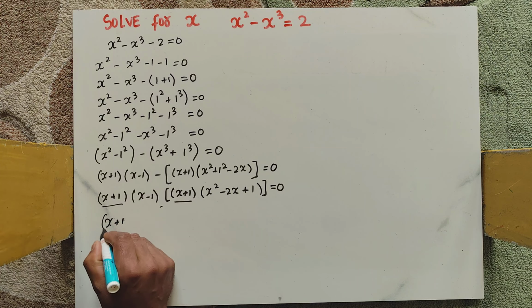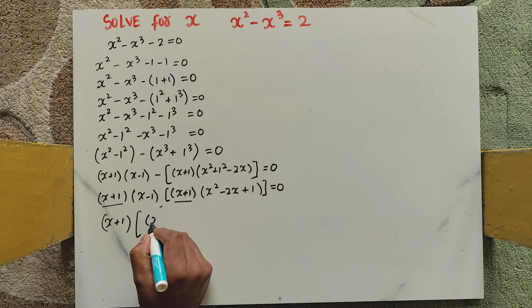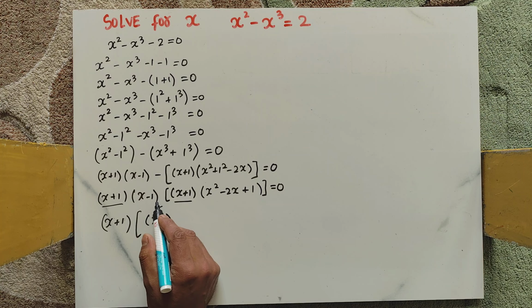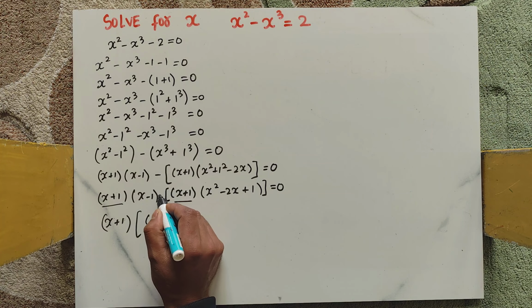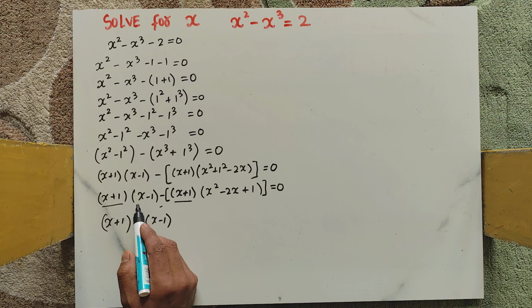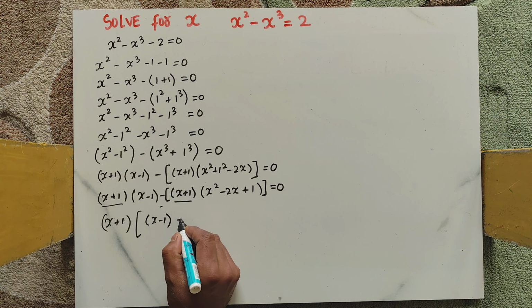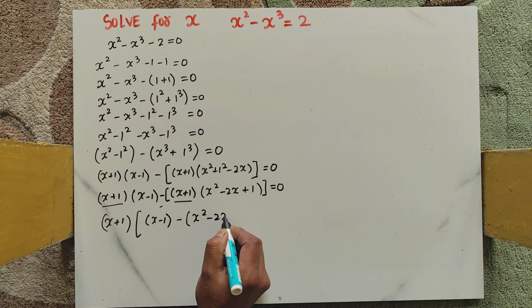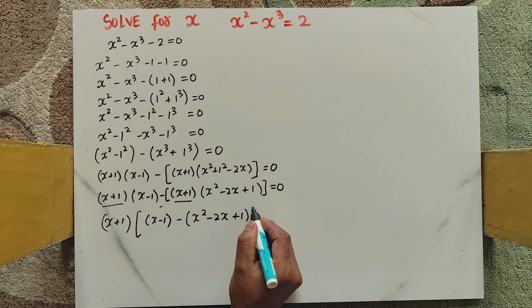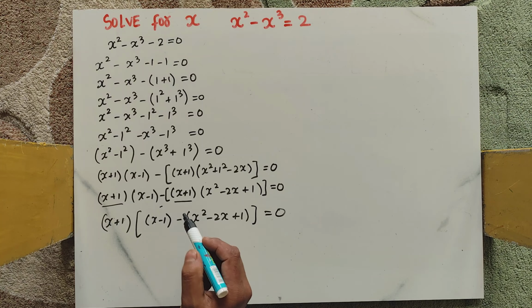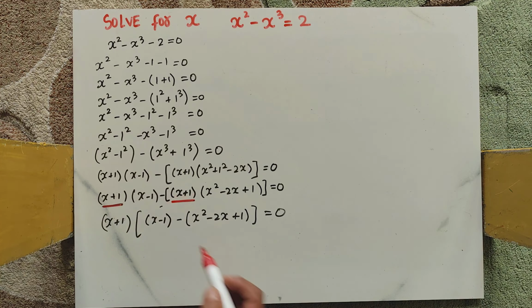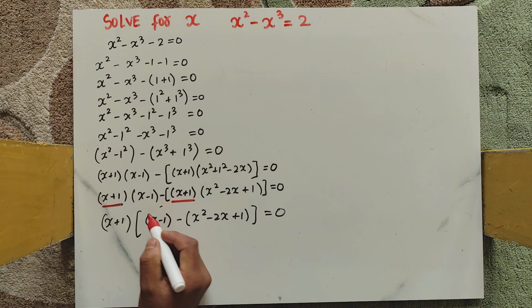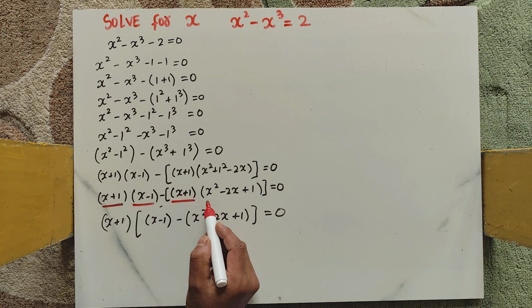So when we take it common, we are left with x − 1, then we have minus (x² − 2x + 1) equal to 0. So I have taken this term common, x + 1 and x + 1, then we are left with x − 1 here, then we have minus, then we have this term.